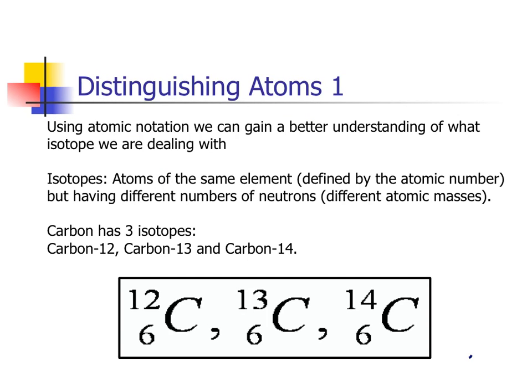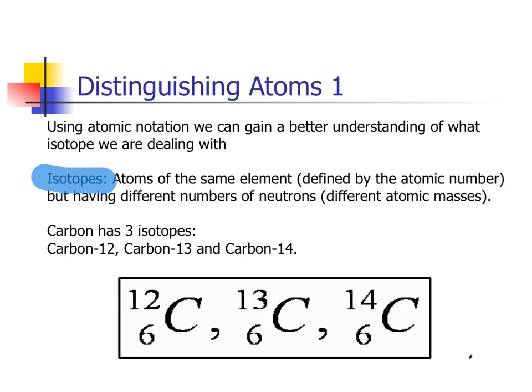So, a real-world example would be some isotopes of, say, carbon. Isotopes, again, right here, are atoms of the same element, defined by the atomic number, but that have different numbers of neutrons.